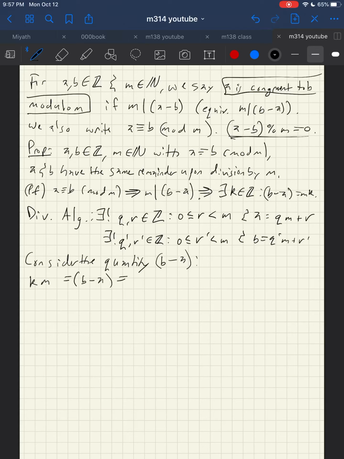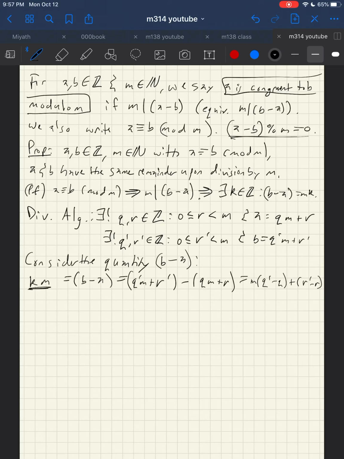And the second way is going to be using these two expressions: q prime m plus r prime for b minus qm plus r for a. Right, so I use this for a and this for b. Now if I rewrite this by factoring out my m, I'm going to get m times the quantity q prime minus q, plus r prime minus r. That's what's left over.